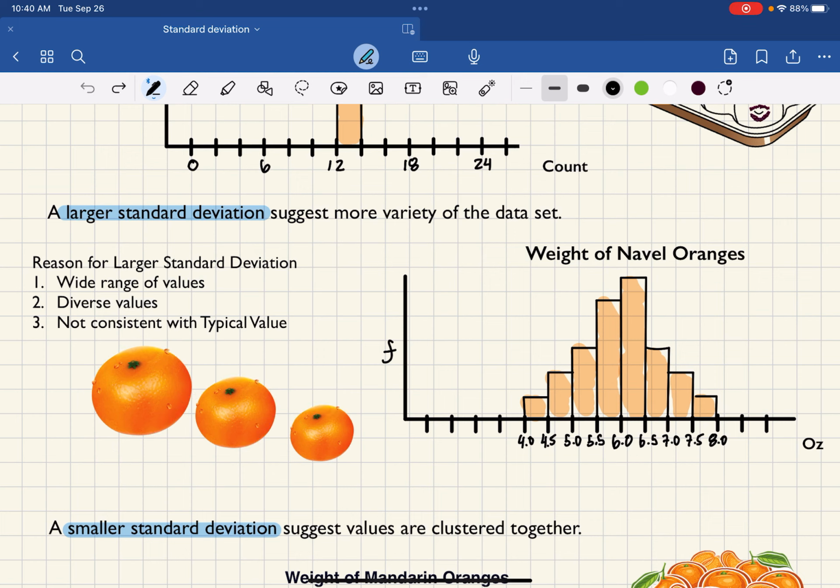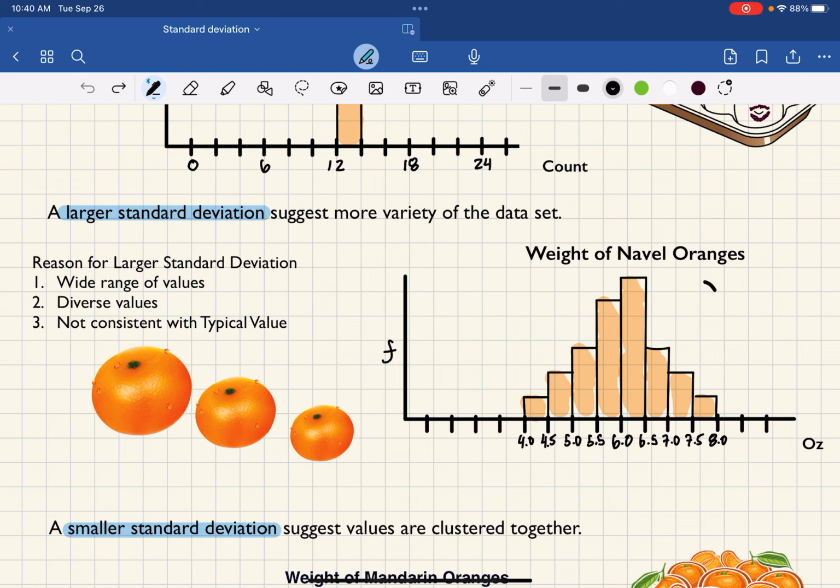All these oranges have different sizes, so they weigh differently. So there's a variety of orange sizes. And if you have a variety of sizes, in this case sizes or weights, then your standard deviation will be larger compared to if you only have similar size oranges.